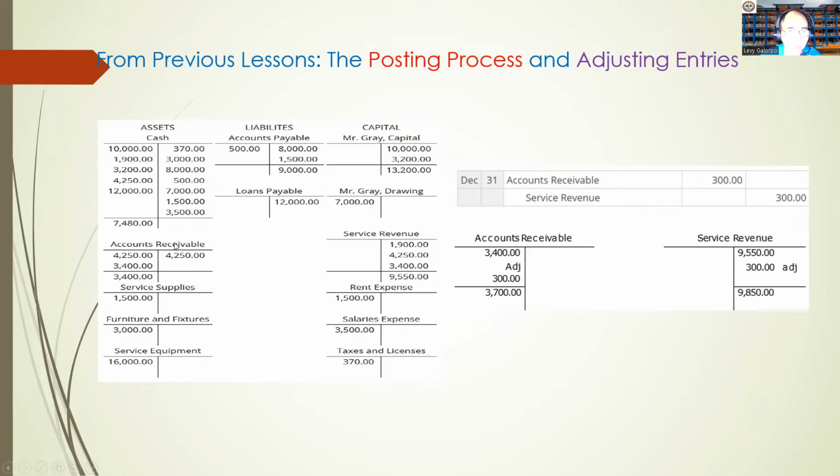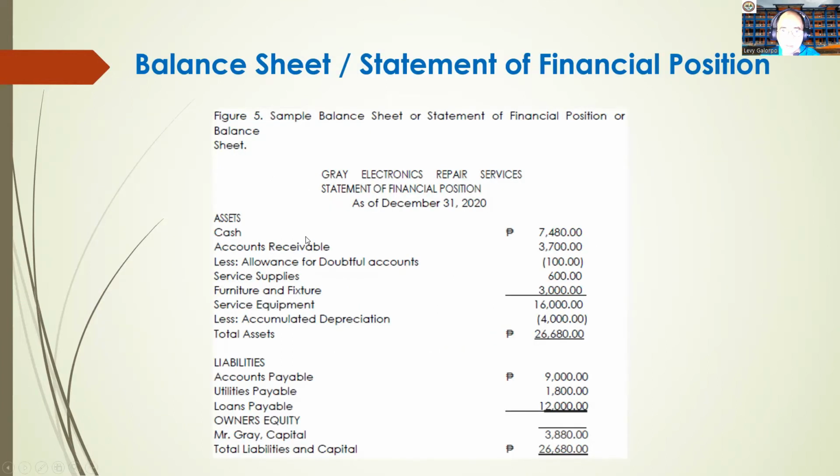And then, yung accounts receivable naman, mapapansin nyo rito, meron siyang debit balance na 3,400 dito sa ledger. Tingnan natin ang accounts receivable dito sa balance sheet. 3,700. Bakit siya 3,700? Hindi sila pareho.